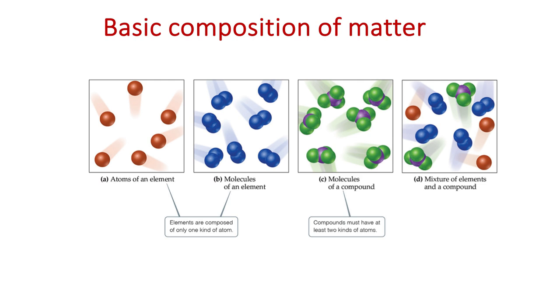So those are just a couple of examples to hopefully help us understand the difference between intensive and extensive properties and physical and chemical changes. This slide is showing us a couple different forms of matter. In box A, we're looking at atoms of a given element.